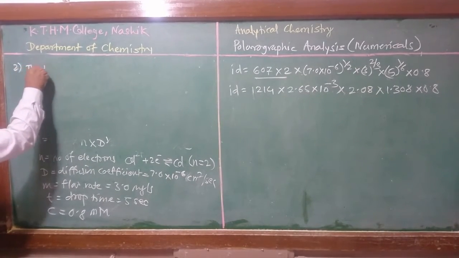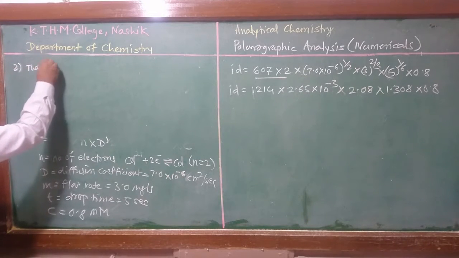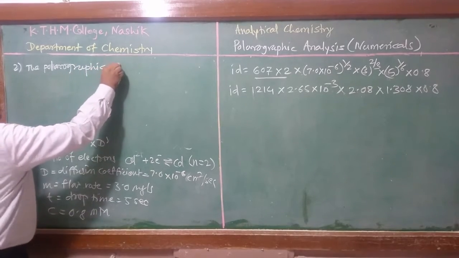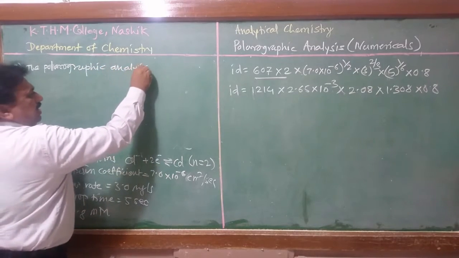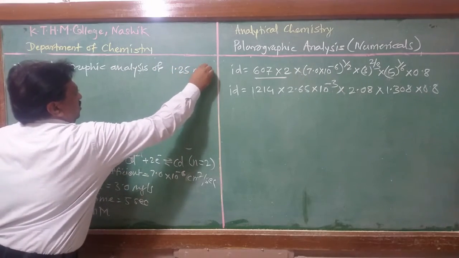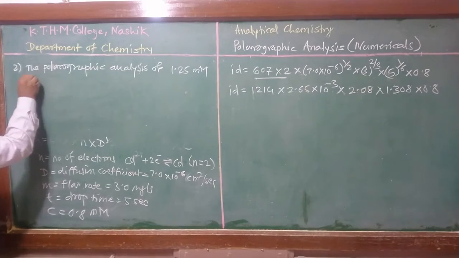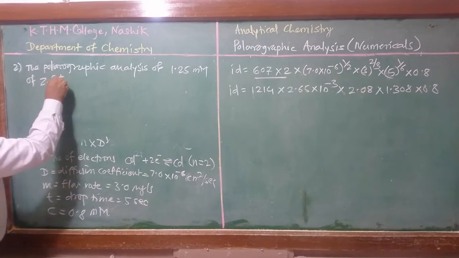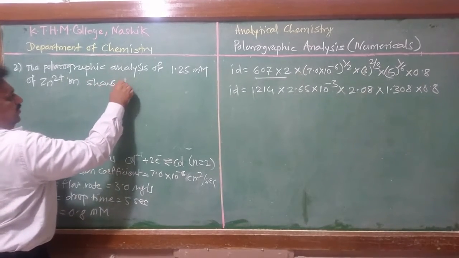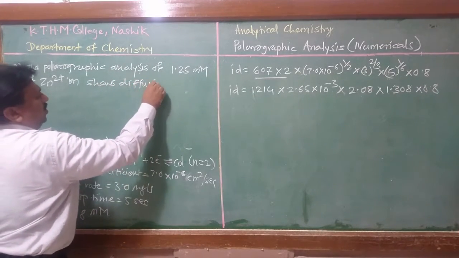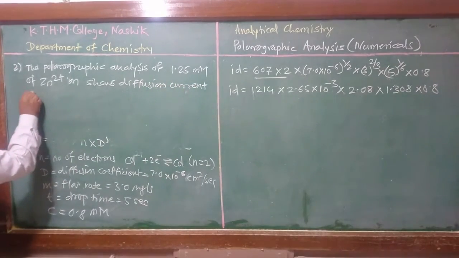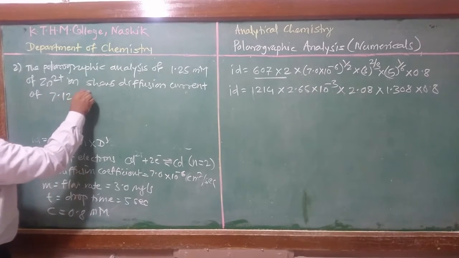The polarographic analysis of 1.25 millimole of zinc 2 plus ion shows a diffusion current of 7.12 microampere.